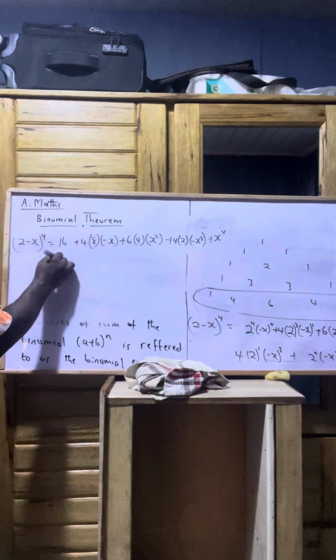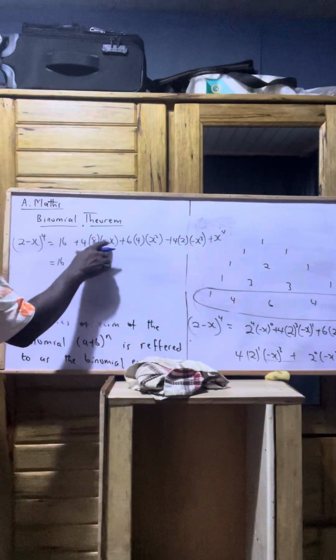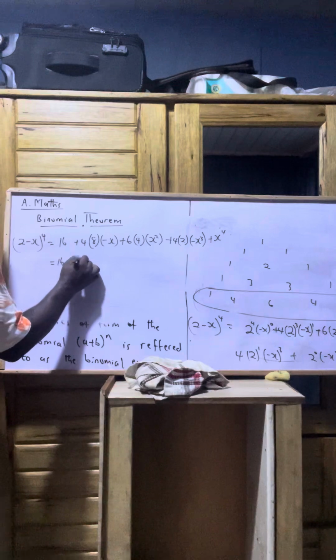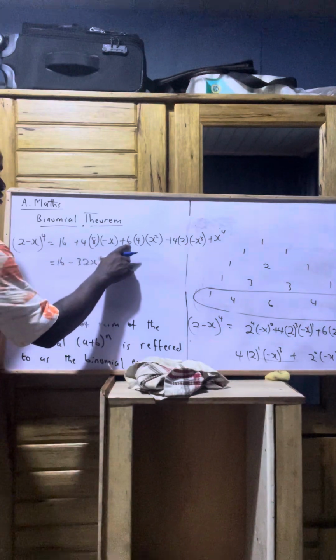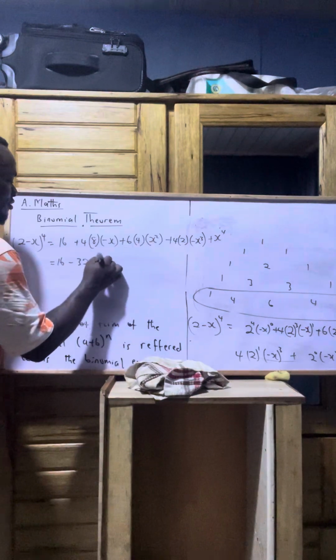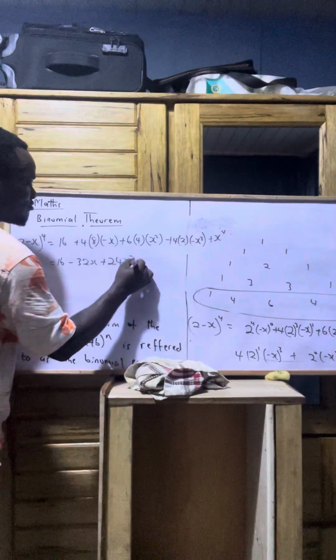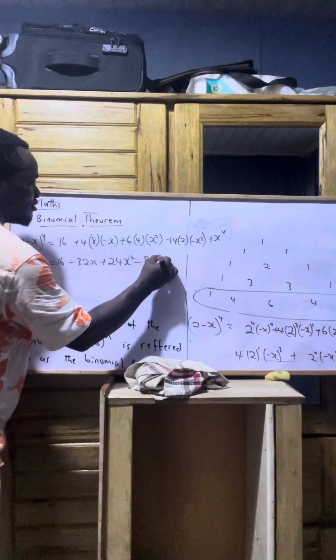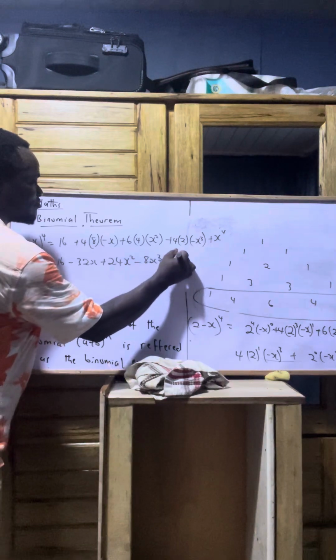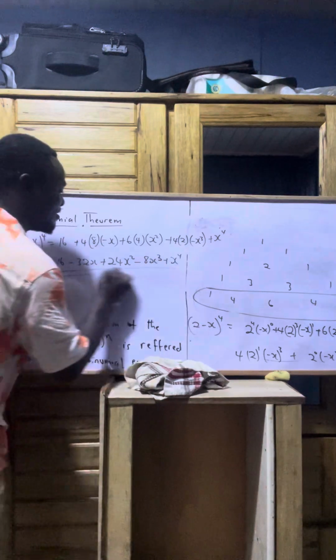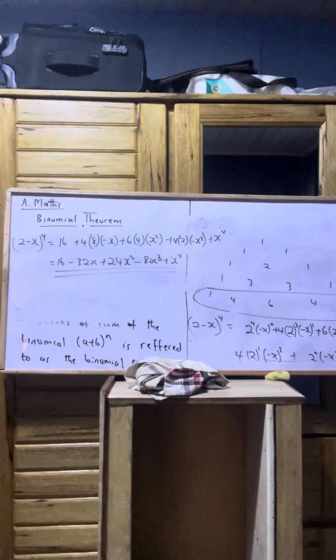So your final answer will be 16, then 4 times 8 times minus x gives negative 32x, 6 times 4 gives 24x squared, 4 times 2 times minus x cubed gives minus 8x cubed, plus x power 4. So this becomes your expanded binomial.